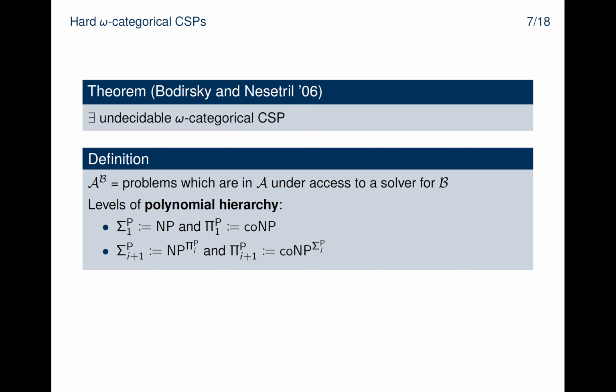And now co-NP is the complement, which means those are the problems where if we have a negative instance and we have a certificate that it's negative, we can verify the certificate efficiently in polynomial time.